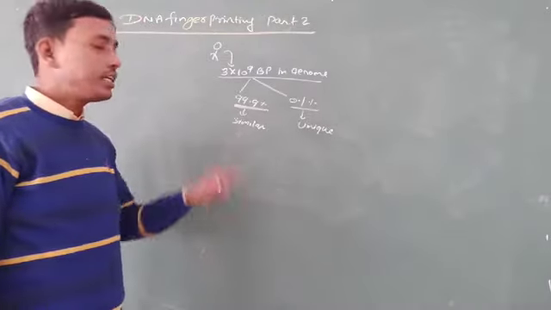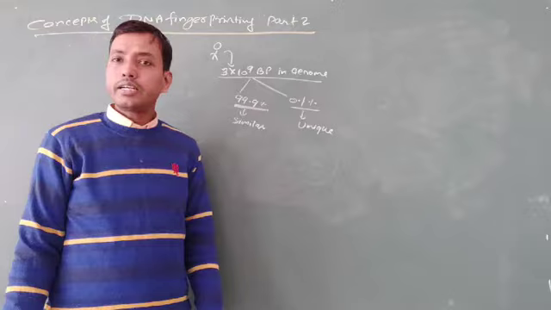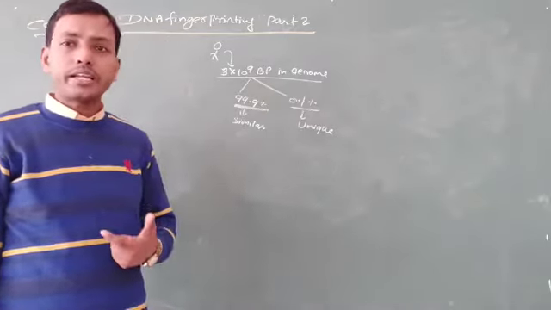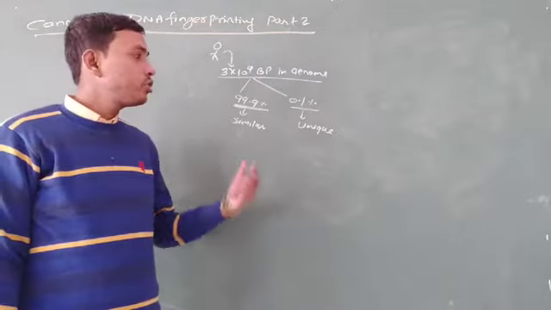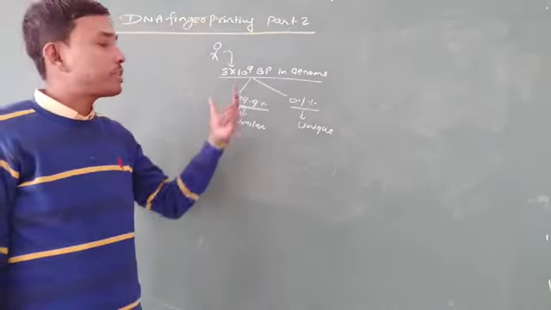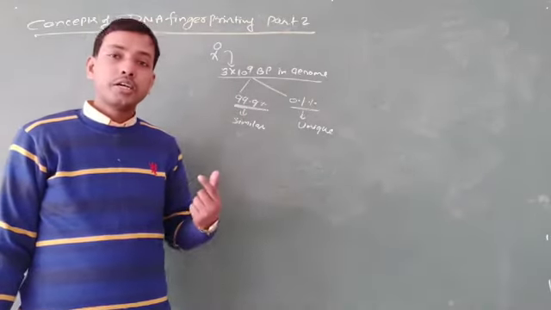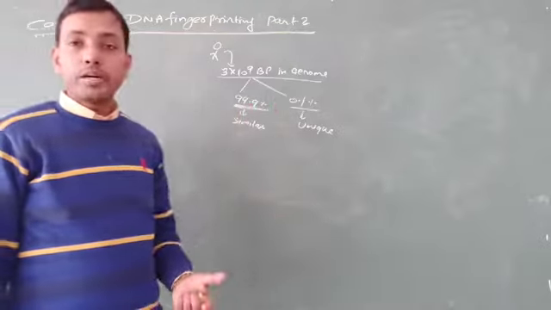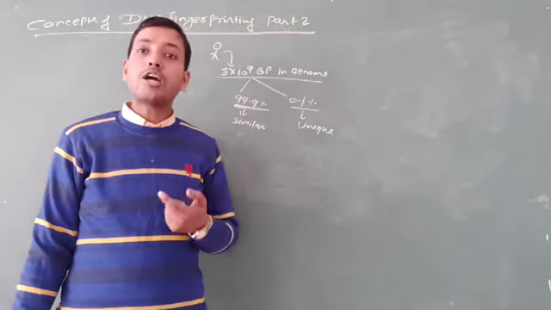Listen, the 99.9% DNA is the same. That does not give any kind of clue because it is similar in all. What is unique? The 0.1%. As you all know, 99.9% of 3 multiplied by 10 raised to 9 base pairs is very much, while the 0.1% is very less. But that 0.1% is not too less.